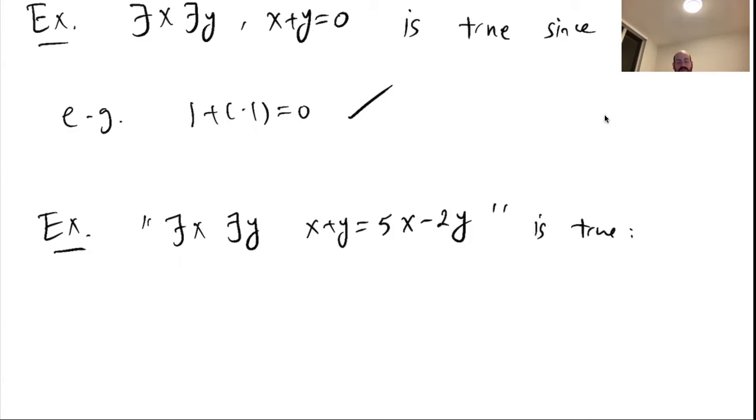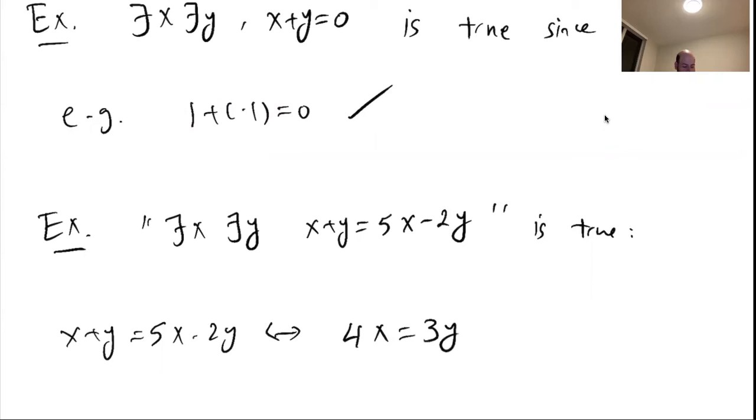And again, if we want to show it's true, we need to find at least one pair for which this is true. So how can I find at least one pair? Well, we can do some simple calculations. So if I simplify x plus y equals 5x minus 2y, this is the same as saying that if I take x to the right-hand side, it becomes 4x, and y to the left-hand side becomes 3y.